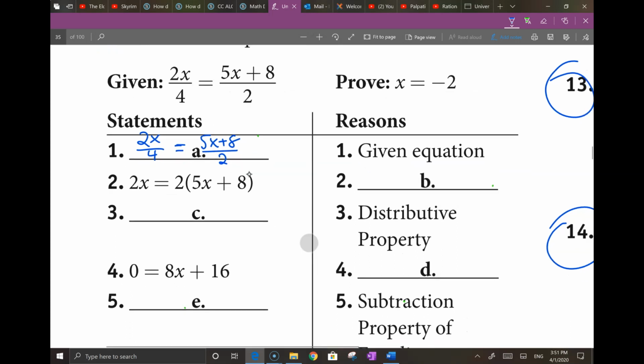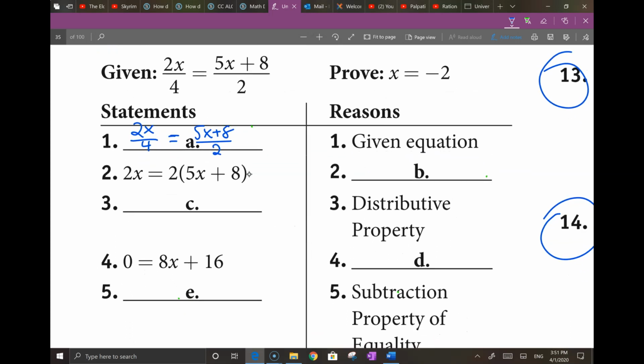Line 2, all of a sudden our equation changes and now we have this, and the reason is what we have to provide. So how did we go from something like this to something like this? Well, it turns out that our fraction in line 2 is not there, which means that what happened was both sides were multiplied by a 4.